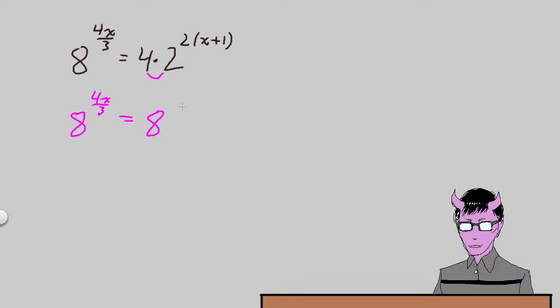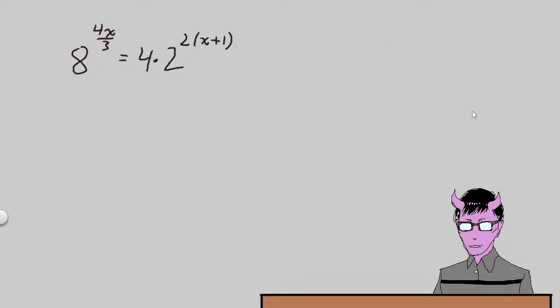If you're rushing this, if you're not careful, you can get to the wrong situation. And then you say, oh, bases match up, so therefore exponents must be equivalent. But you cannot do that, because number one, the bases are mismatched. Number two, the exponents are also mismatched, so you can't do that.